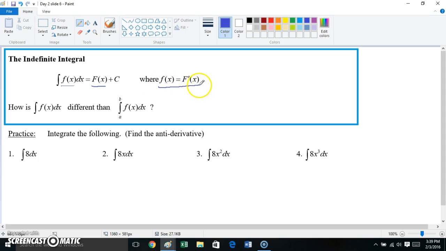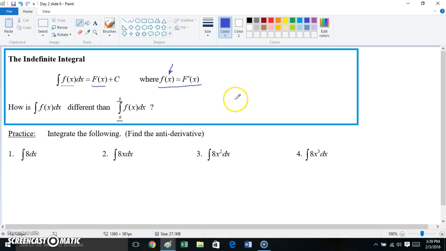Okay, so little f is the derivative of big F. All right, how is the integral of f of x dx different from the integral from a to b of f of x dx, where we have these values for a and b? Okay, those are called the limits of integration. All right, and they describe the interval on which you are finding the integral.